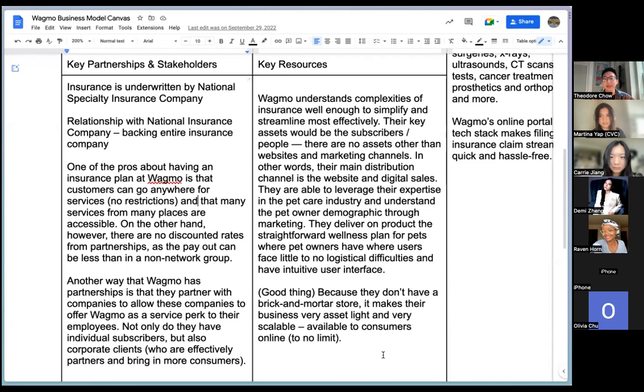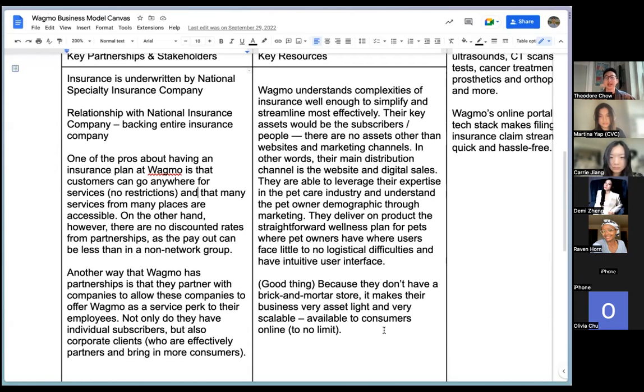And last thing, because they don't have any brick and mortar stores, it makes the business more asset light and very scalable. There's essentially no limit to how many customers they can have because they're only a website and they can have as many people as they want, right?